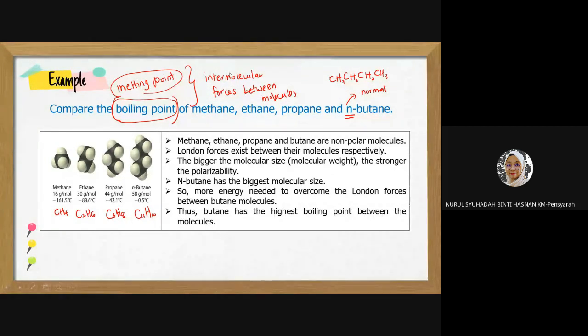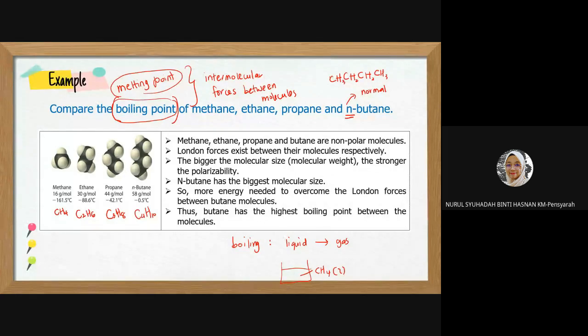Jadi kita nak kena putuskan intermolecular forces between molecule. So kalau boiling point, boiling cerita dia adalah daripada liquid kepada gas. Okay, jadi for example, kalau katakan dekat dalam ni awak ada CH4 liquid.